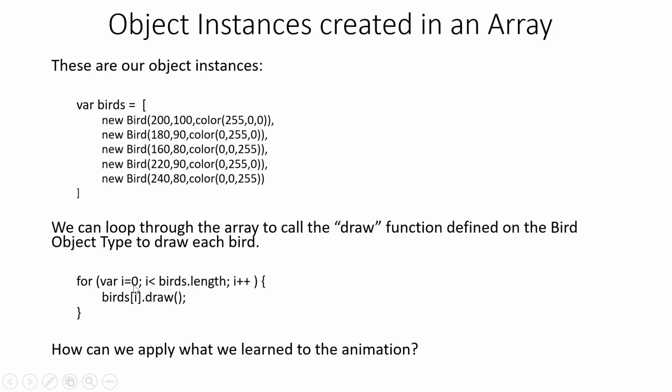So it's going to go from 0 to less than 5. So we're going to go through 0, 1, 2, 3, 4, and stop. And for each element in the birds array, we're going to use that square bracket notation again, and those indexes are going to go through 0, 1, 2, 3, 4, and we're going to draw all those birds.